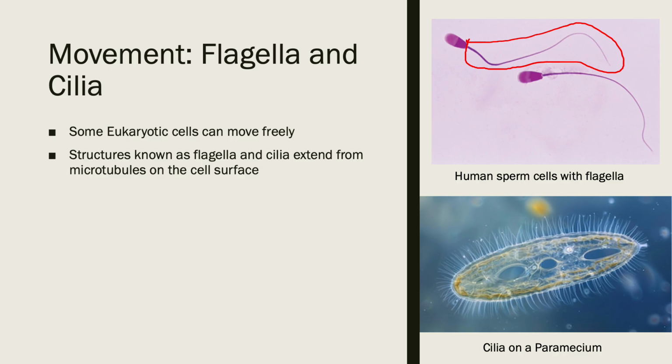And compare that with different types of movement appendages called cilia. And these are smaller hair-like structures that will typically surround the cell, and it will enable the cell to sort of swim and move freely on its own as well.